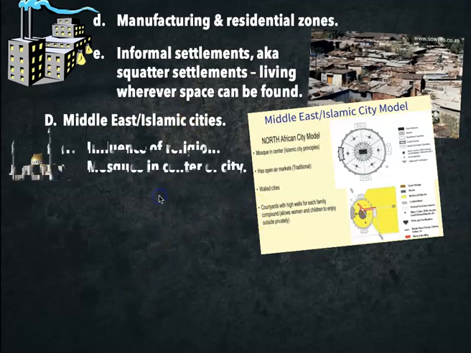All right, with this one, we've got, well, definitely the Middle East, and when I say Islamic cities, I mean we're attaching the religion right to there, and so the influence of the Islamic faith is going to be big when it comes to the layout of these cities.